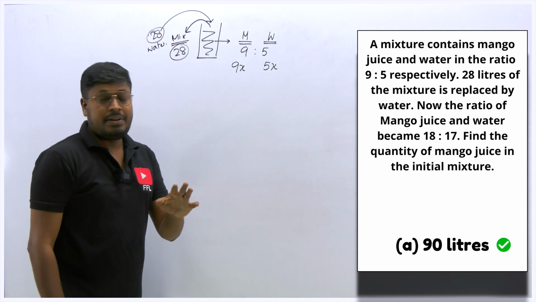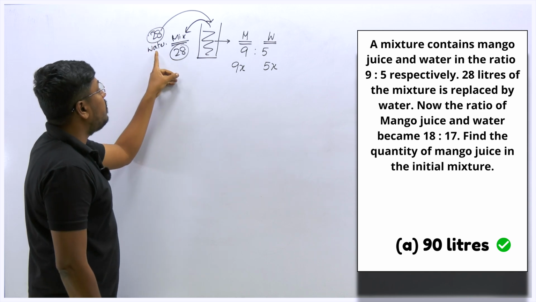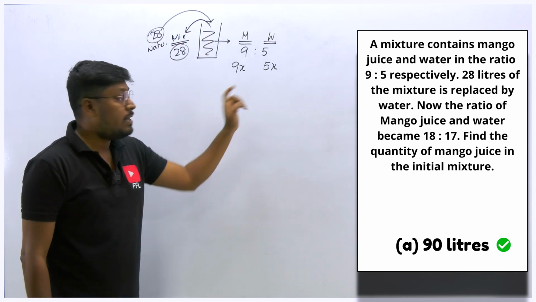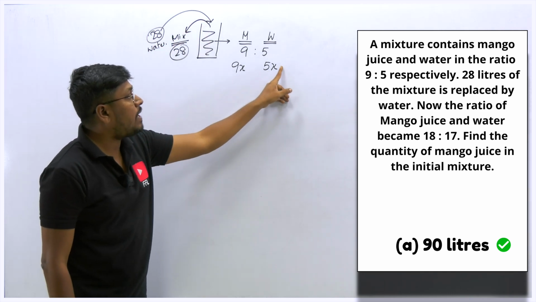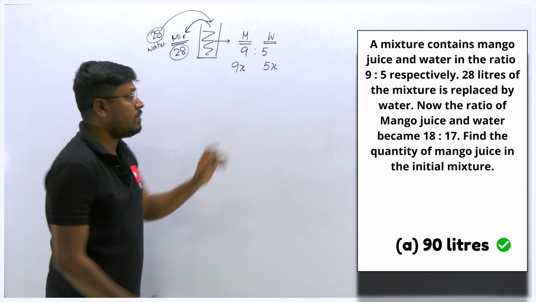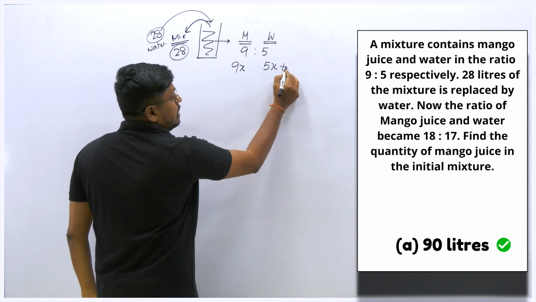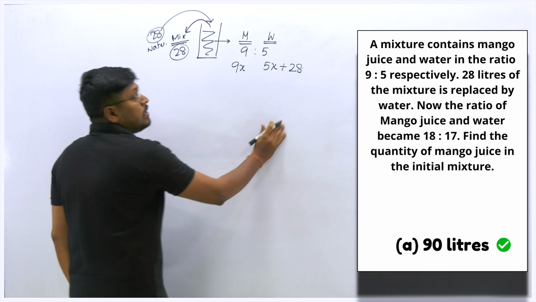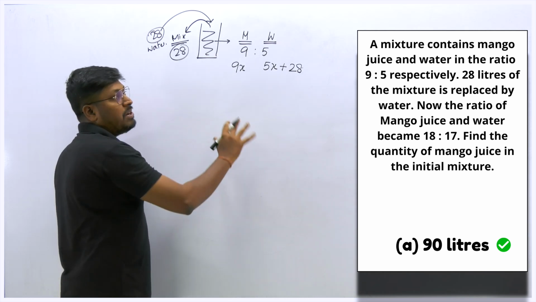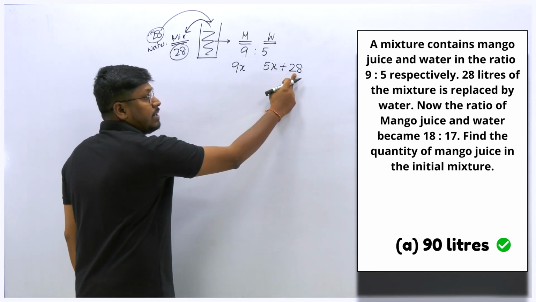So just listen carefully. Here they have directly given that 28 liter of water has been added. So instead of 5x, we can write 5x plus 28 liter. Yes or no? Because 5x is the water, so plus 28 is the total liter of water which is added to the mixture, right? So 5x plus 28 liter of water.